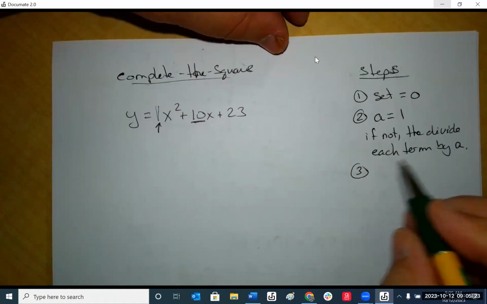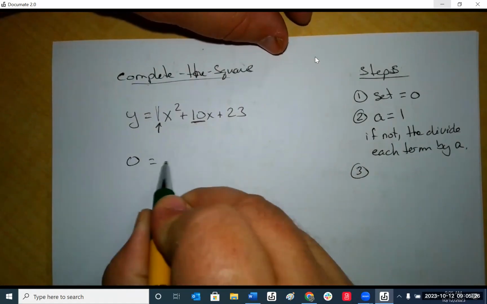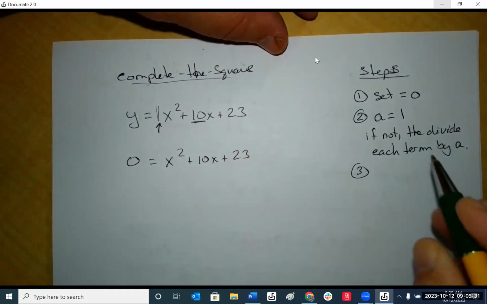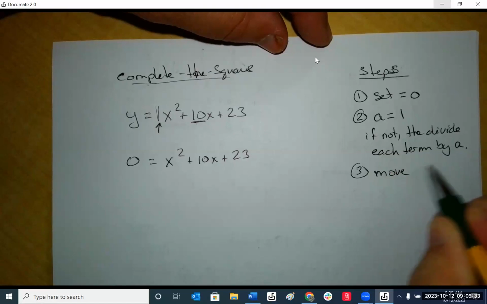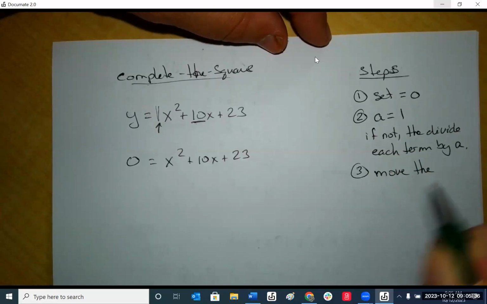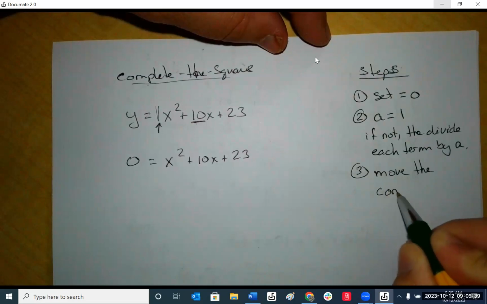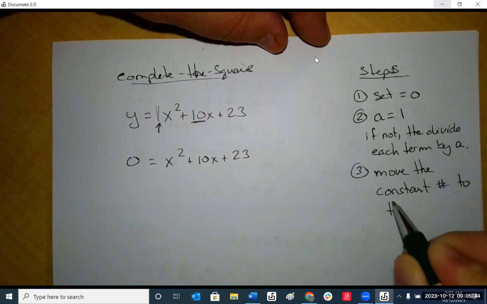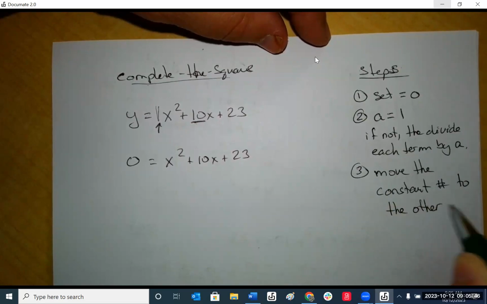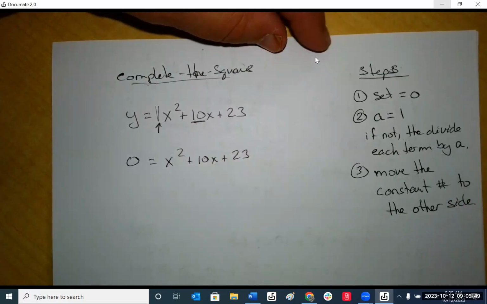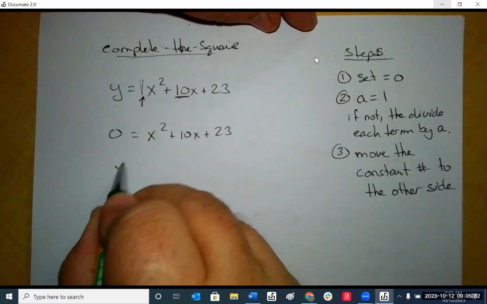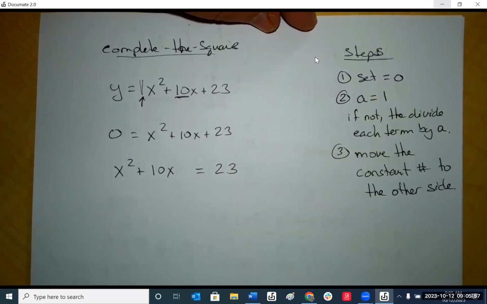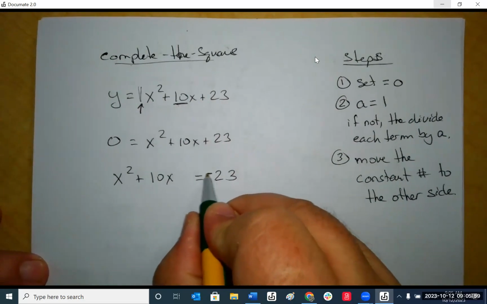Step 3. So I set it equal to 0. I move the constant term to the other side. So I have x squared plus 10x equals -23, I'm sorry, because I moved it over.